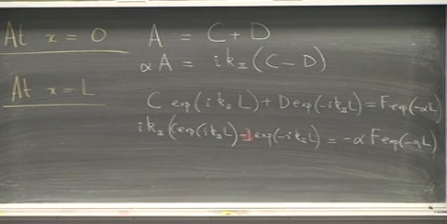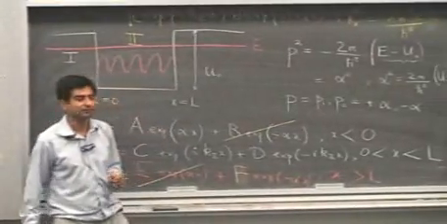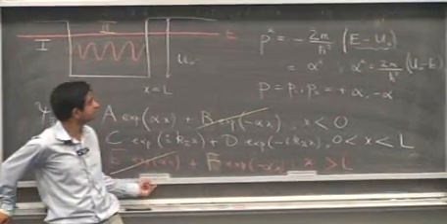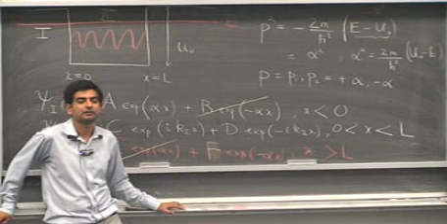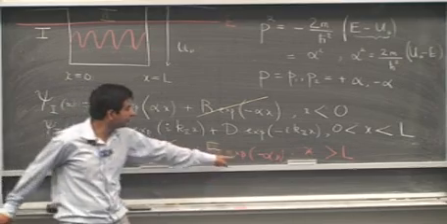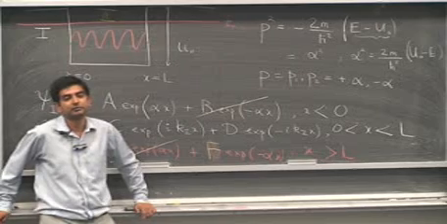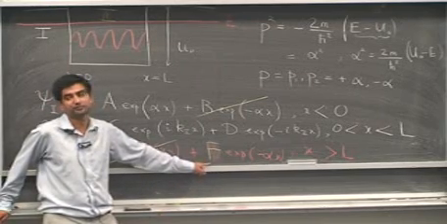It's F exponent minus alpha x. What is the wave function equal to at x equals L? If you put x equals L here, is the wave function 0? No, it's only 0 if F were 0, but F is not 0.